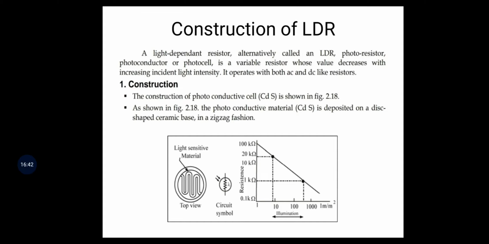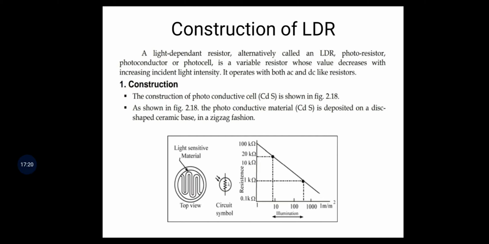A light dependent resistor, alternatively called an LDR, photoresistor, photoconductor or photocell. In all of these, the resistance value decreases with increase in incident light intensity.